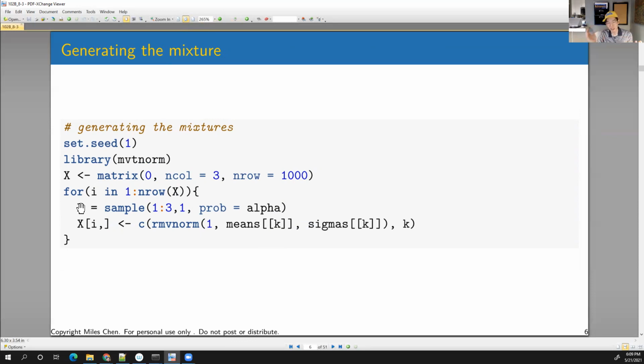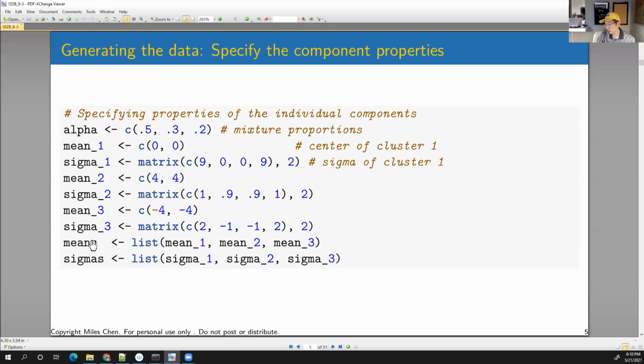So here I'm generating the data. Once I've determined which class we're in, I'm going to generate one value from the random multivariate normal distribution. We're going to say use the mean that corresponds to distribution k, and use the sigma matrix that corresponds to distribution k, because remember, those are gathered here in this list for means and sigmas.